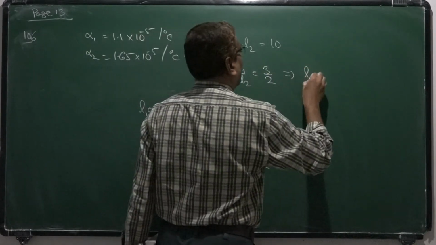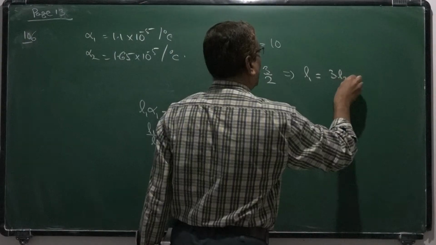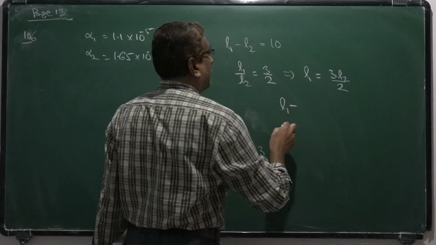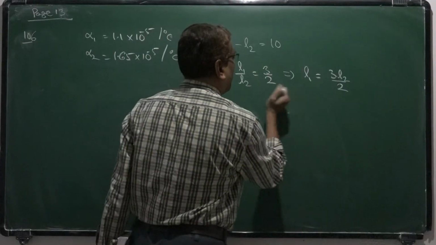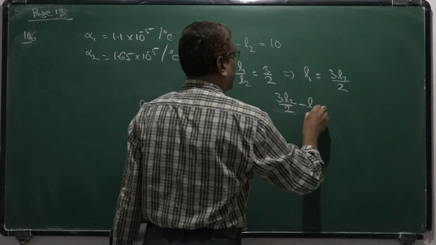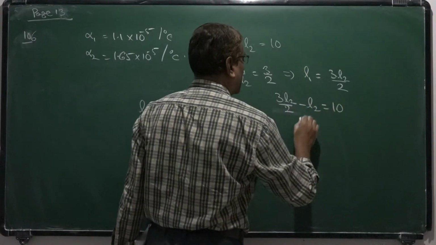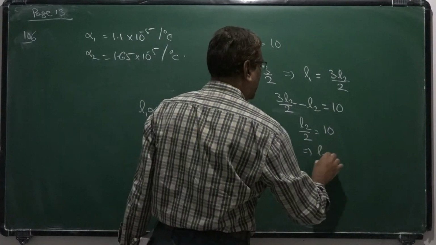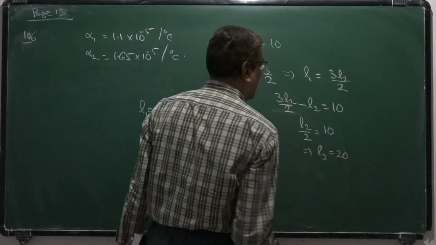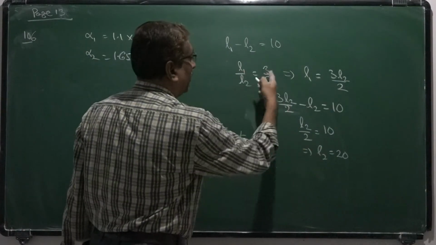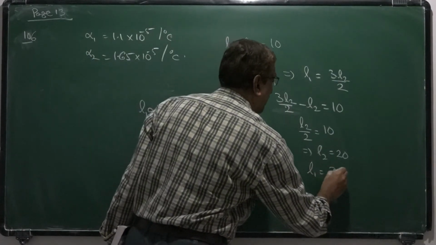L1 equal to 3L2 by 2. Now, substituting here, 3L2 by 2 minus L2 equal to 10. That is L2 by 2 equal to 10, L2 is equal to 20. If L2 is 20, then by the ratio L1 is 30.